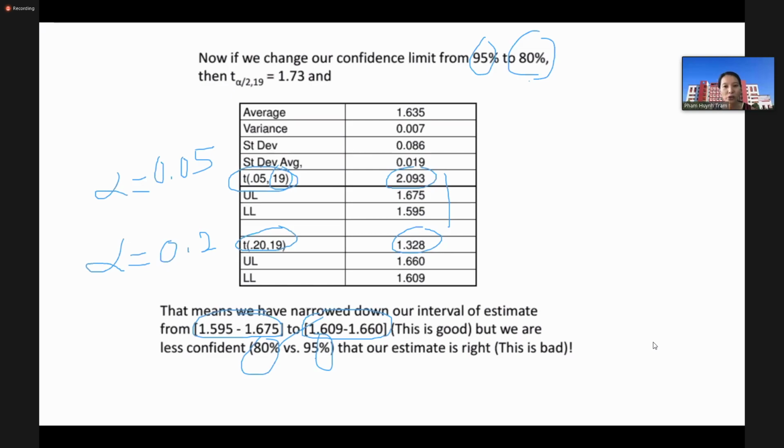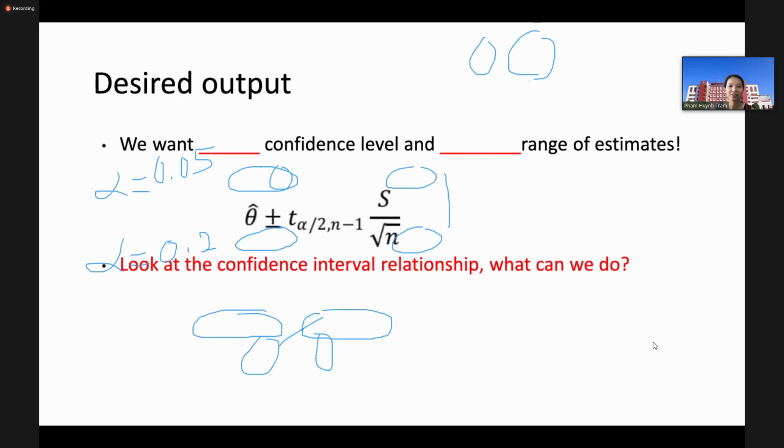So how do we solve this trade-off? We want to have both a high confidence level and a high precision, or narrow range of estimate. This is what we want, right?